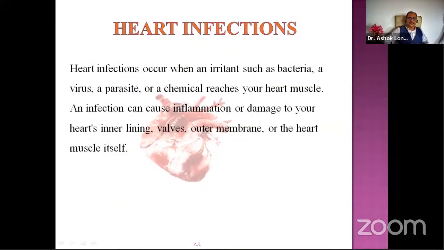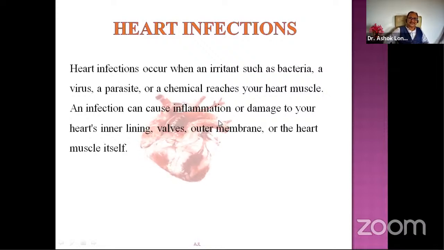Now let us come to heart infections. An infection, whatever the infection is, can occur anywhere in the body, and it can occur in the heart. Heart infections occur when an irritant, actually every foreign material is irritating, such as bacteria, virus, parasites, or a chemical reaches your heart muscle.